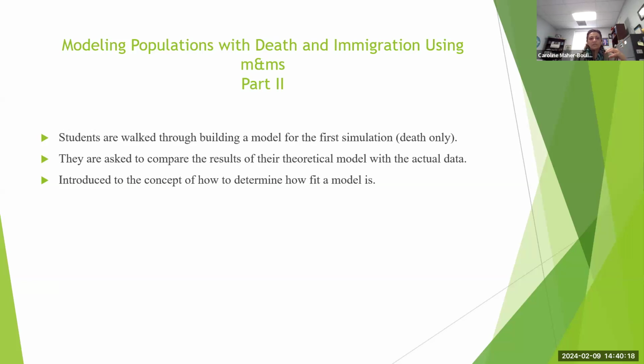So they're putting aside all the M&Ms with the M side up. And so, of course, the population is decreasing. Eventually, it's extinct. And they build the differential equation model, and then they are asked to compare the results of their theoretical model with the actual data.